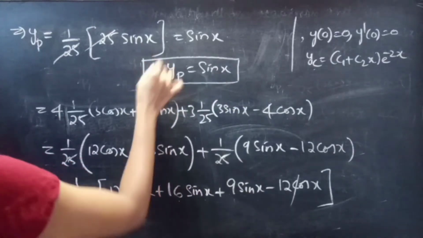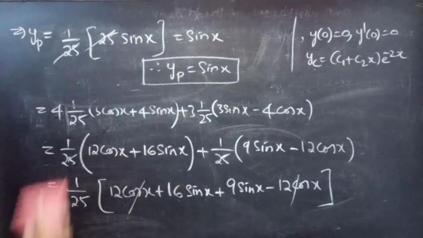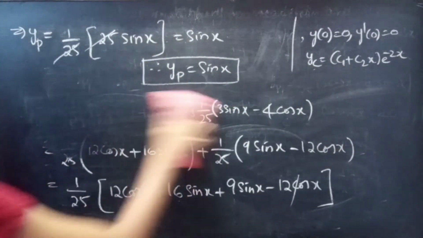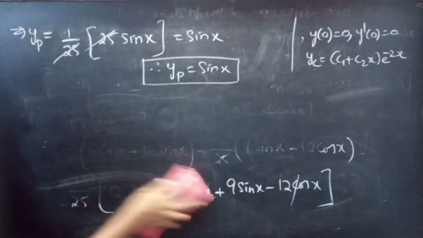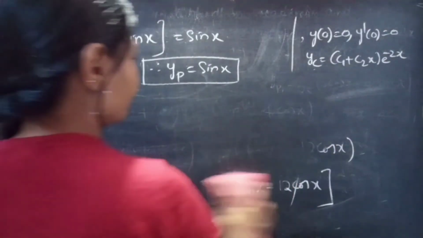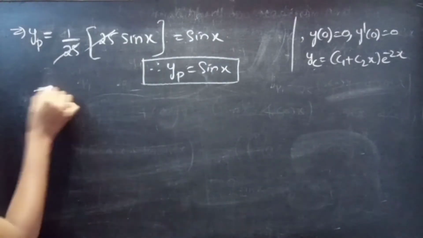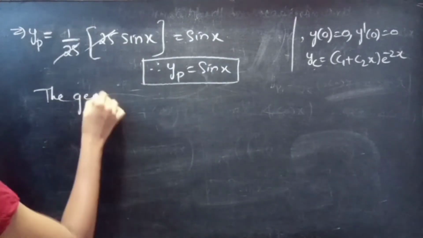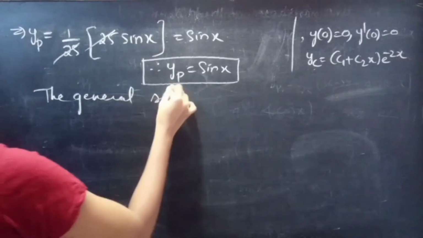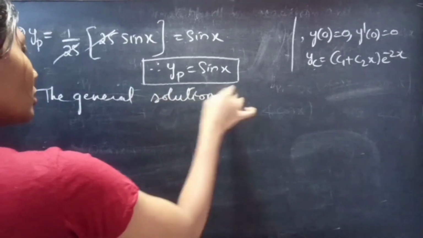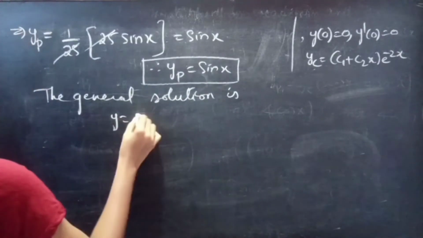Now we are having yc and yp. So we can write the general solution. The general solution is given by y equals yc plus yp.